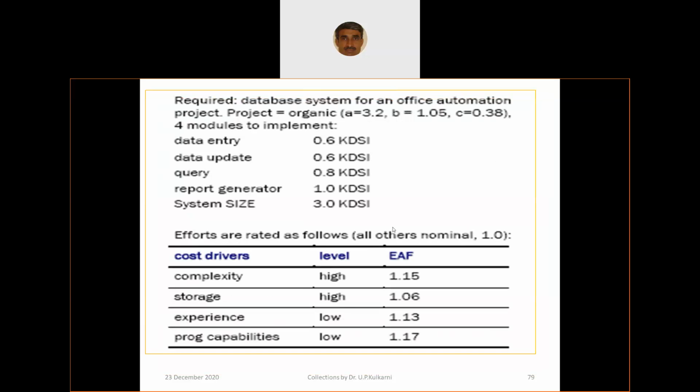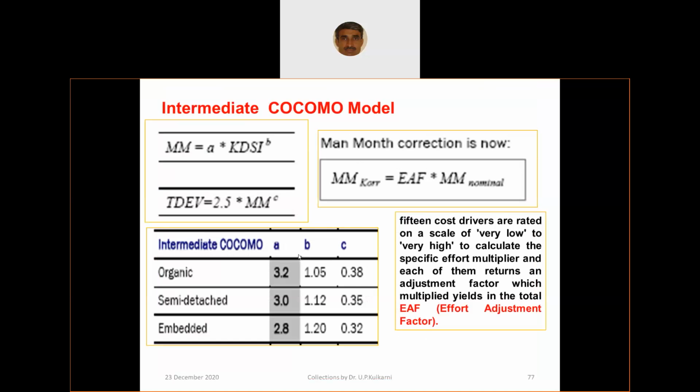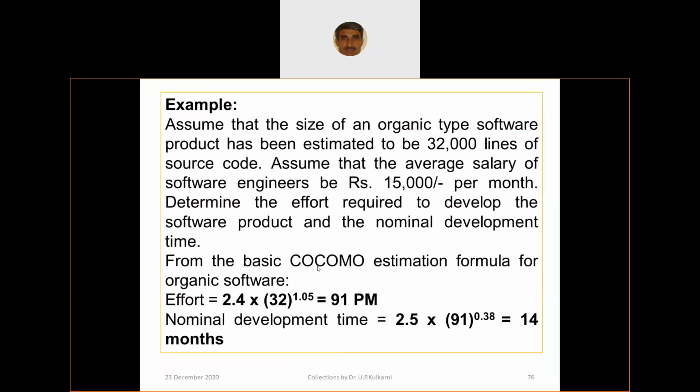But the important thing is classifying the project. There are different factors that influence the complexity of a project, and all these are looked into while calculating the effort expressed in person months.